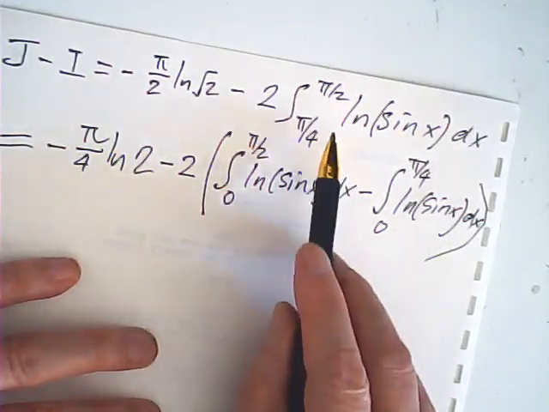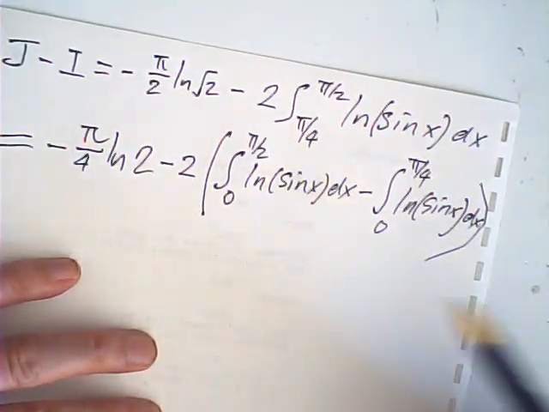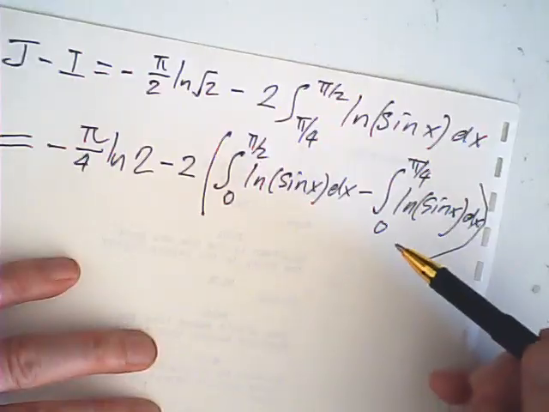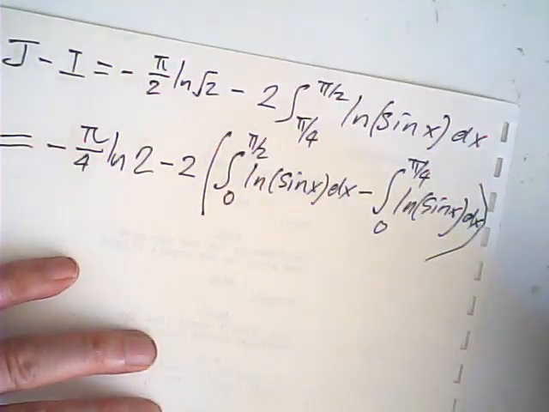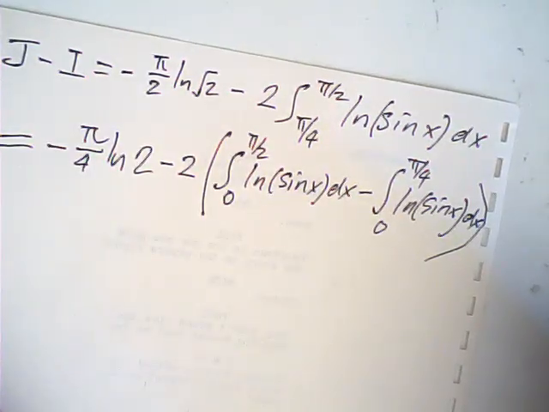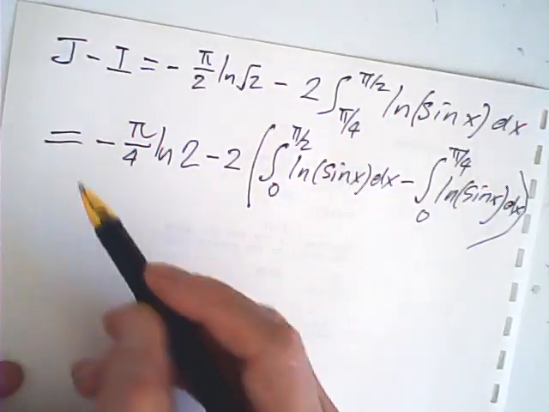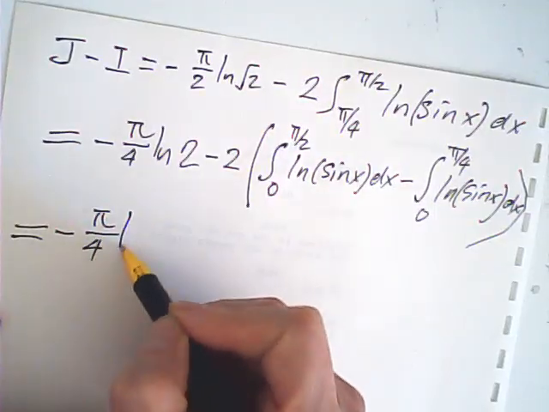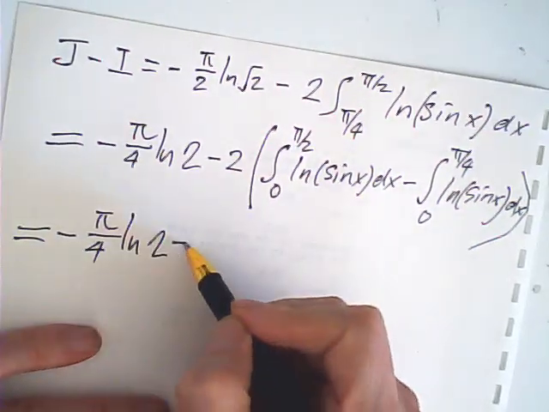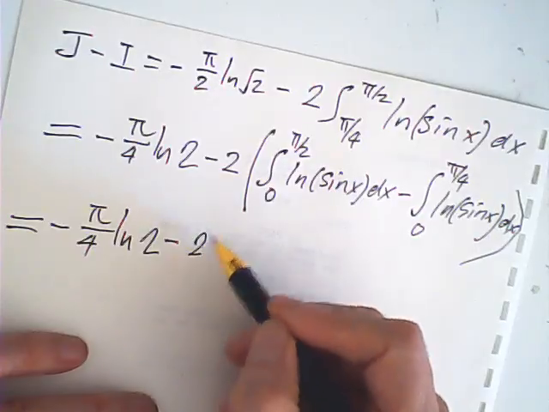Yeah, this minus this is this. From 0 to half pi minus from 0 to quarter pi becomes from quarter pi to half pi. So this one is equal to negative quarter pi log 2 minus 2.